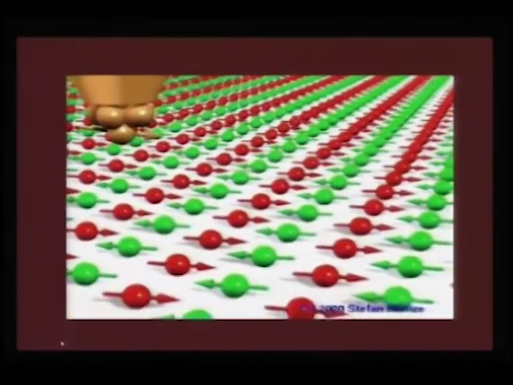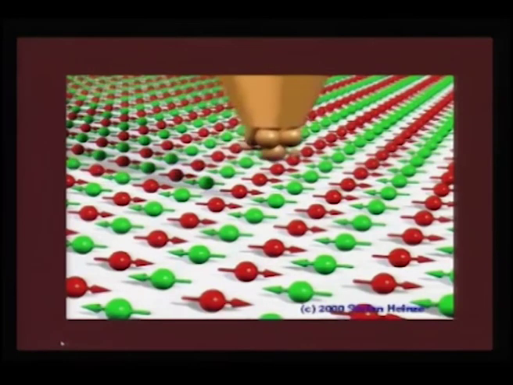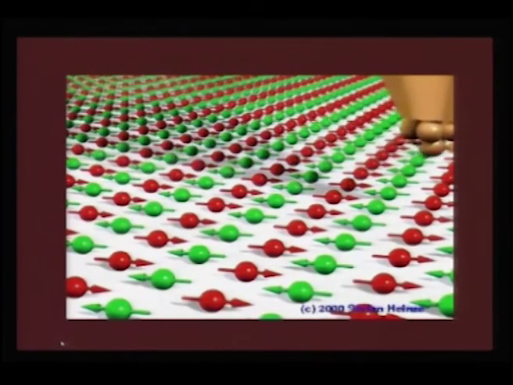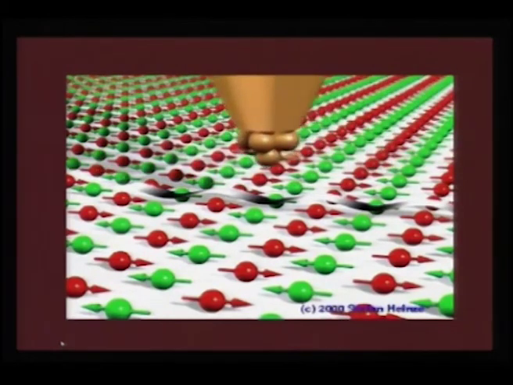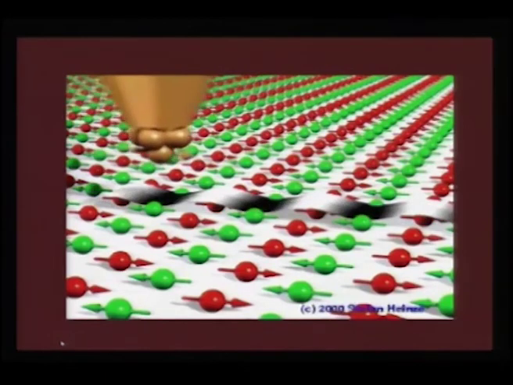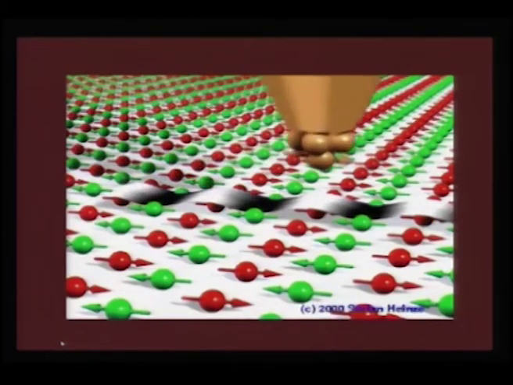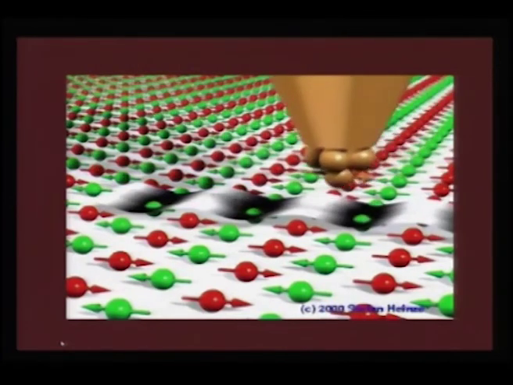So, as a result, if it scans layer by layer or every atomic arrangement, then it will easily map the regions which are ferromagnetically aligned to the magnetic tip and antiferromagnetically aligned to the magnetic tip. As a result, you will get a topography almost similar to this.